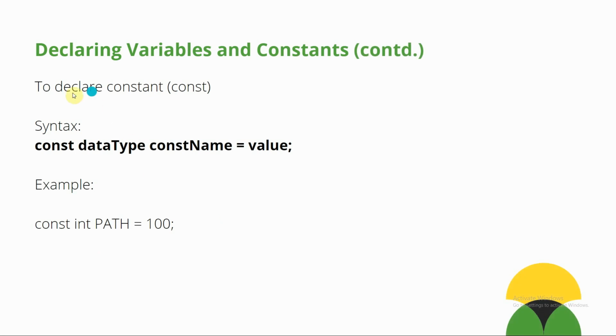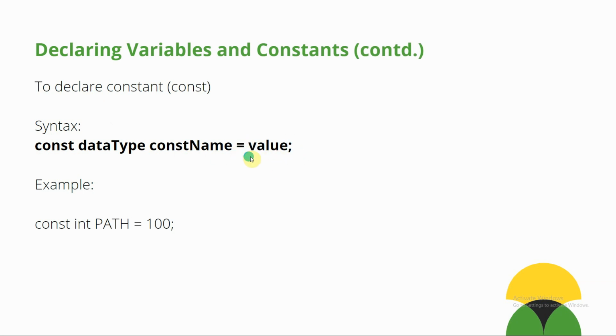Now for declaring a constant with a data type, we use the const command. Const, then the data type, and then the constant name, and then equals, and the value. A number, any integer, or a character can be added here.